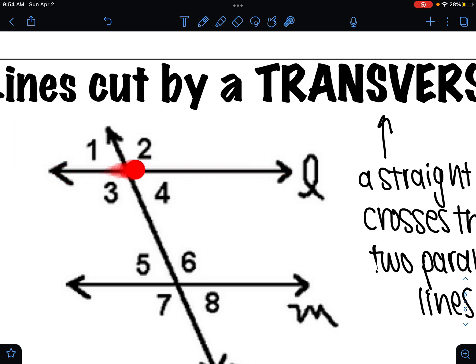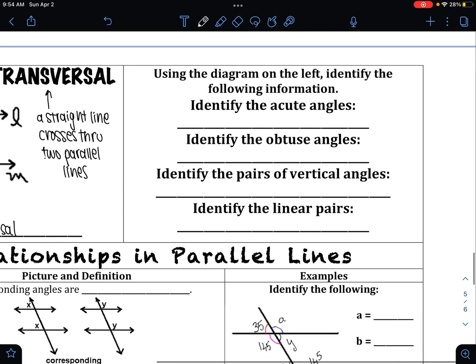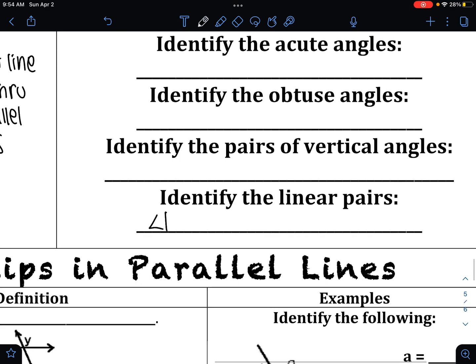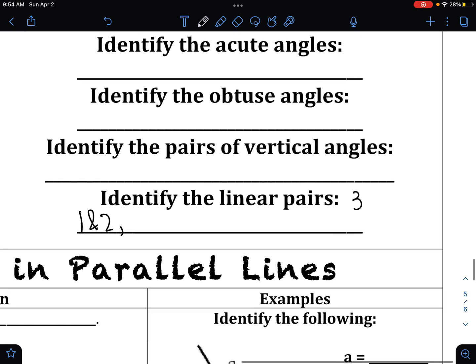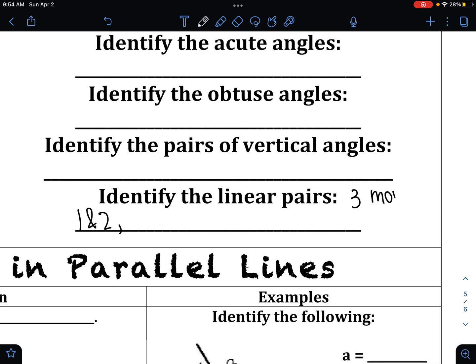So for example, one of those linear pairs is going to be angle 1 and angle 2. You also can just write this as 1 and 2. Let's do that to save some space. 1 and 2. There's going to be 3 more pairs here.